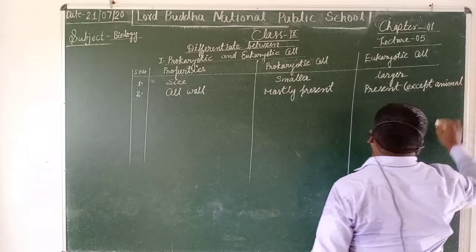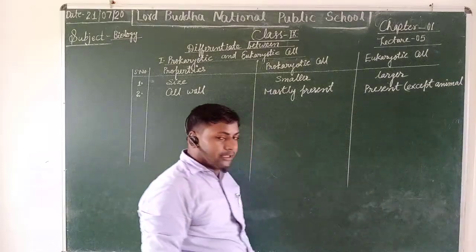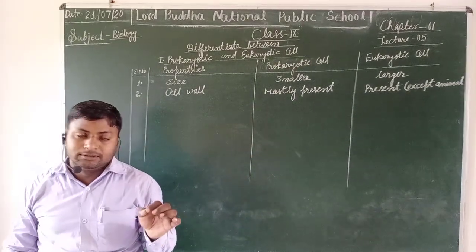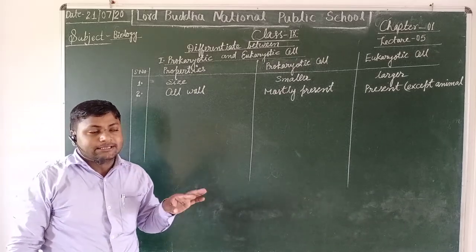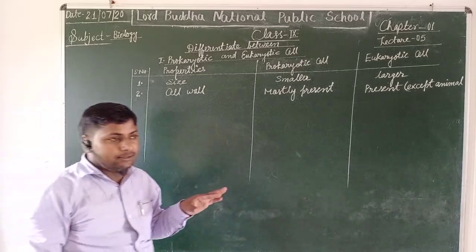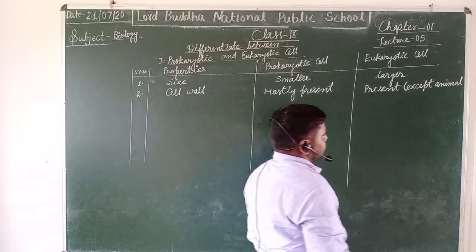Yes, students, we are discussing animal cell. The animal cell is only bounded by a single unit membranous structure that is called cell membrane.